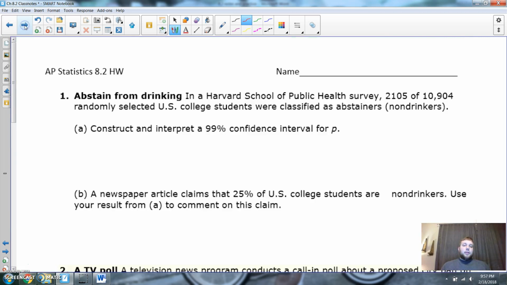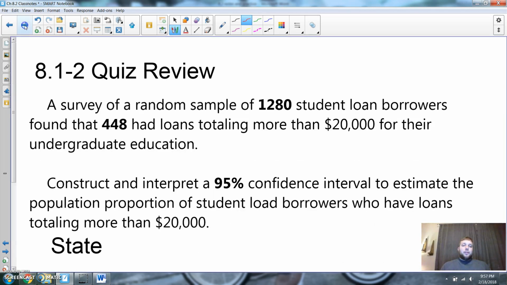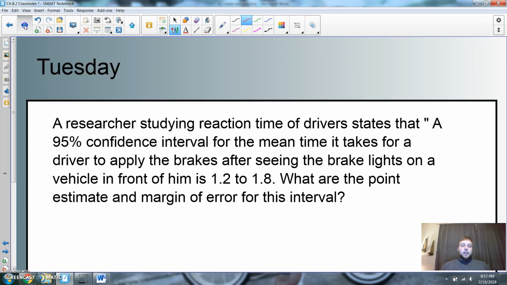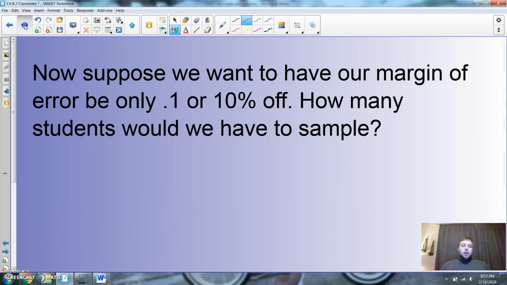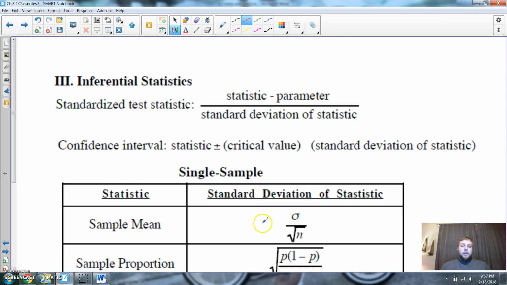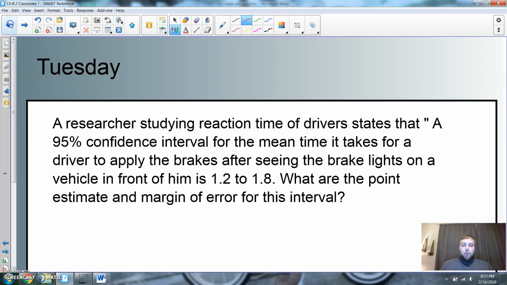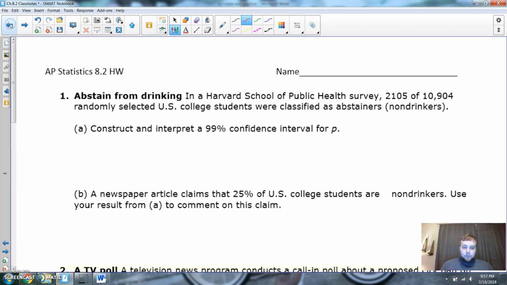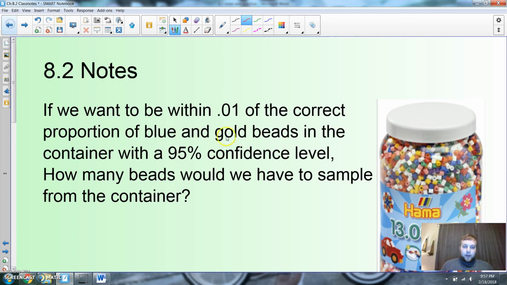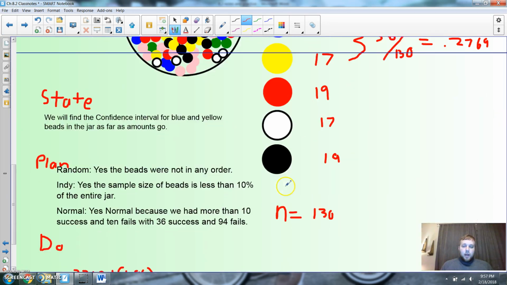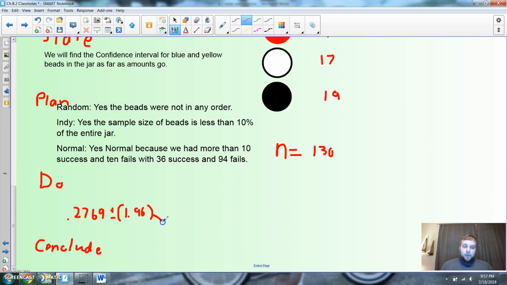Well, ladies and gentlemen, if you click through your inference, I'll take you through. There it is, right here: sample proportion. How do we find a standard deviation? Now you remember. I'm going to have to pause, put that in, and we'll figure it out. Bear with me. I'm going to put the square root, and we'll be right back.